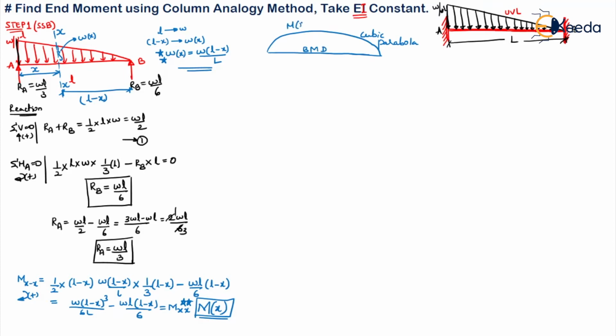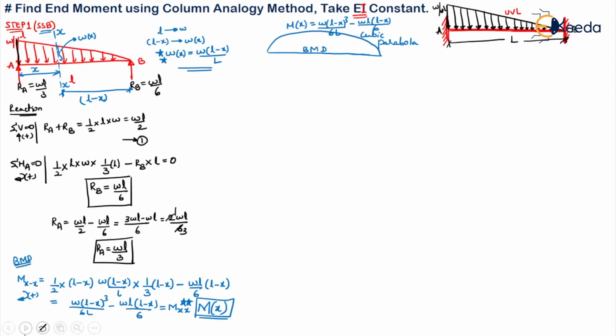So Mx is already obtained here. So what is it? W into L minus x whole cube by 6L minus WL into L minus x by 6.